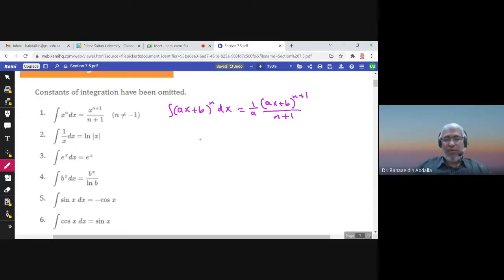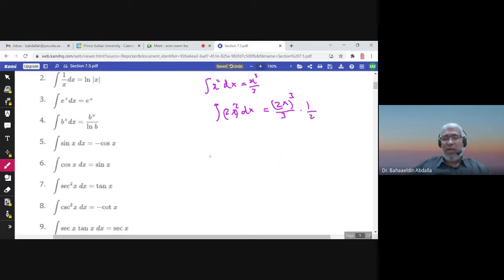So for example, the integral of x squared is x cubed over 3, and the integral of 2x squared is, well, 2x to the power 2, all of it, okay? 2x to the power 2 is 2x to the power 3 over 3 times 1 over 2, and integral of 7x minus 1 to the power 2 would be 7x minus 1 to the power 3 over 3 times 1 over 7.